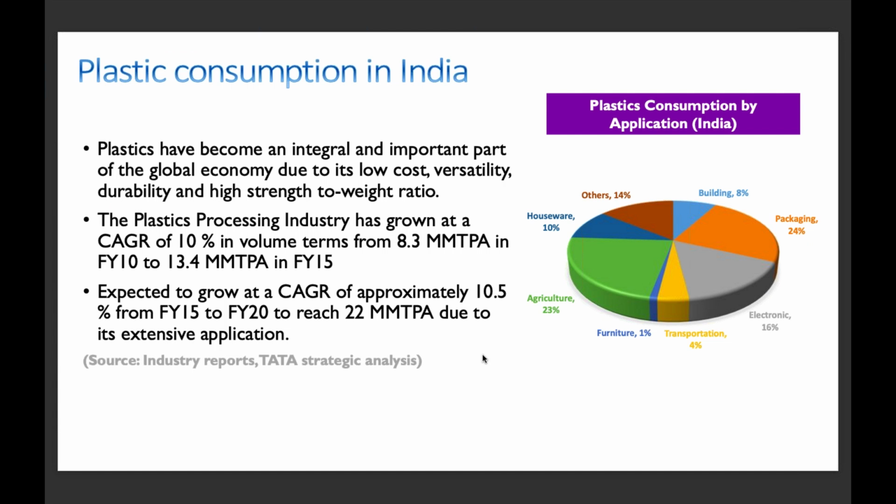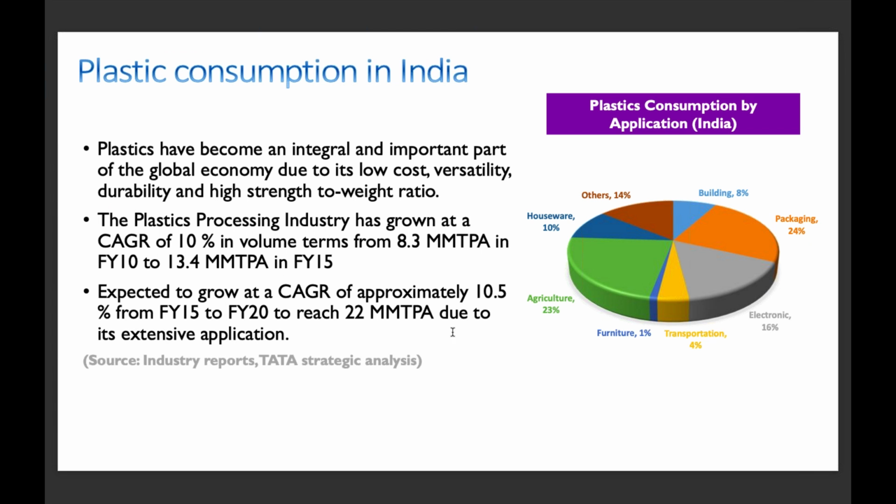So maybe it is giving us good production today, but it will definitely have a very harmful effect in future. And one of the other practices prevalent in the agriculture sector is using mulch film, which is used to protect the crops and also to preserve moisture in the soil.